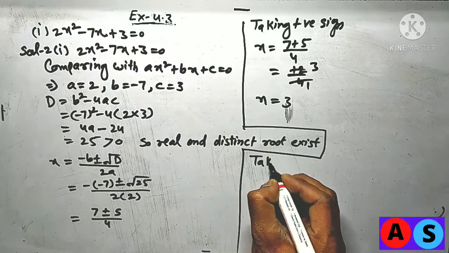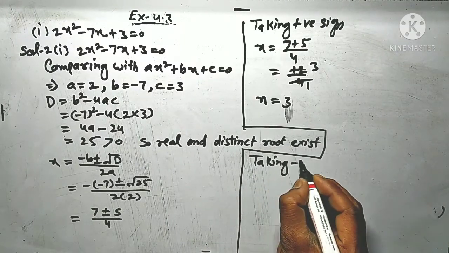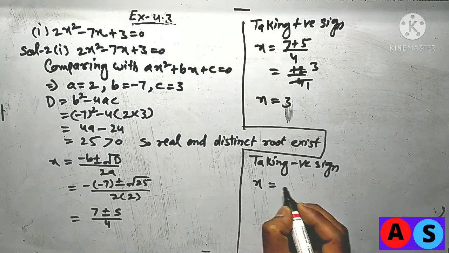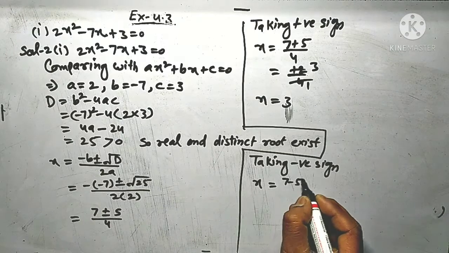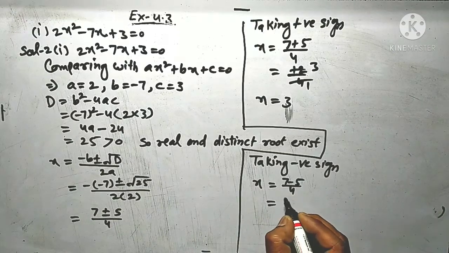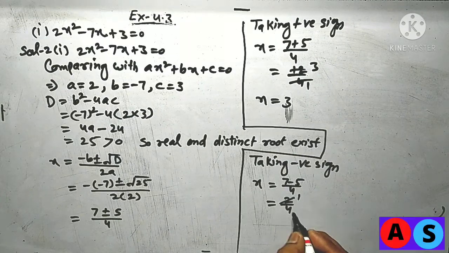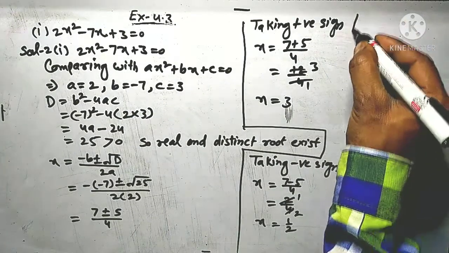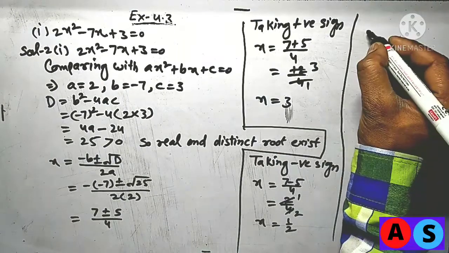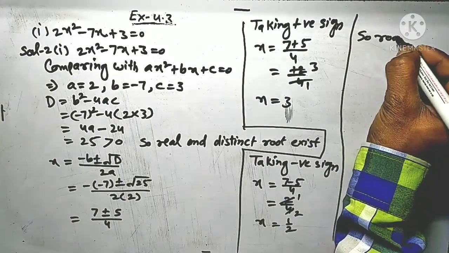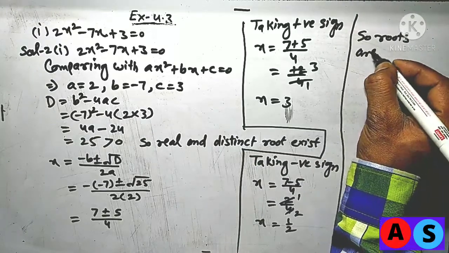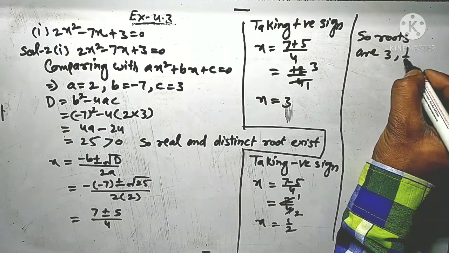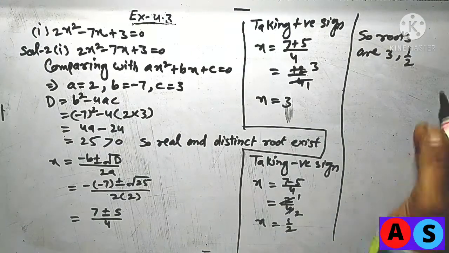Taking negative sign, x is equal to 7 minus 5 over 4 is equal to 2 over 4. 2 1s are 2, 2 2s are 4. x is equal to 1 over 2. So roots are 3, 1 over 2. Answer.